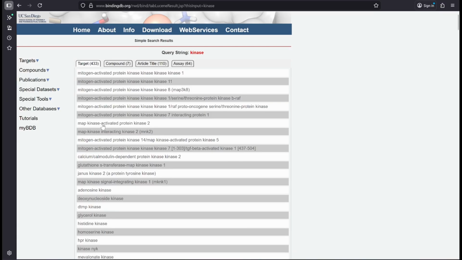For example, if I am interested in MAP kinase activated protein kinase 2, then if I click that, what it will show is a lot of small molecular ligands or drugs and their experimental affinity values, IC50, KD, KM, etc., in a list, in an ordered fashion.